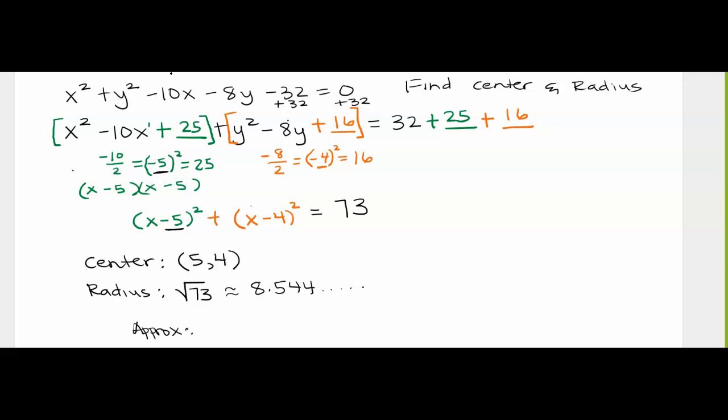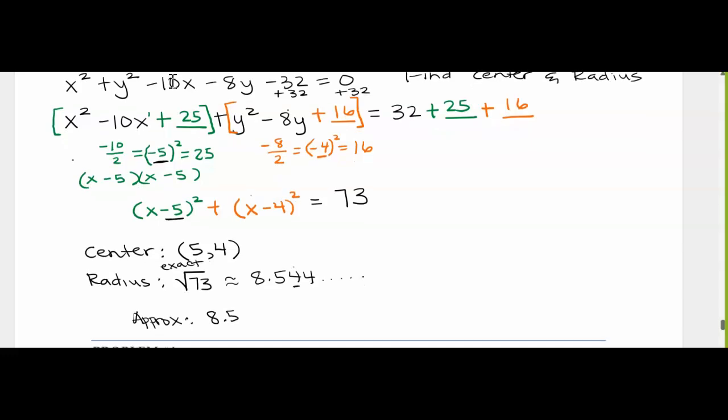But if I'm rounding to the nearest tenth, it would just be 8.5, because that 4 here isn't big enough to round that 5 up, so it just stays at 8.5. So just notice on your instructions if it's asking you. If it wants an exact answer, you'll leave it in radical form. If it wants an approximated answer, it'll tell you where to round.